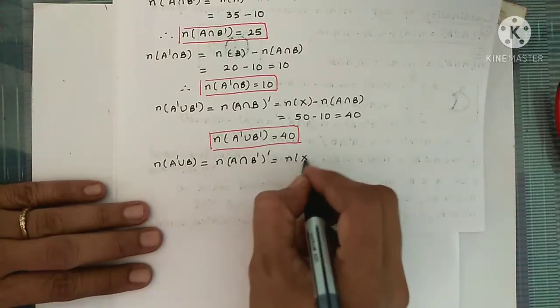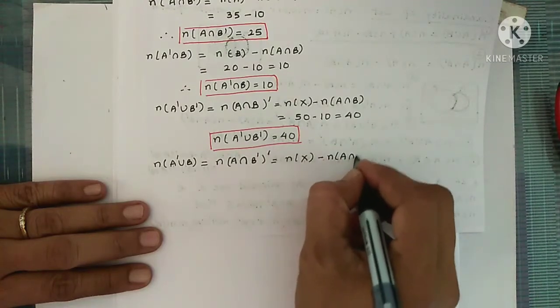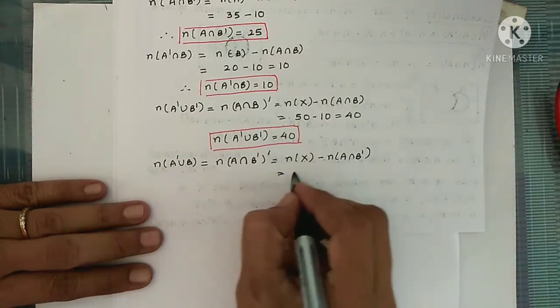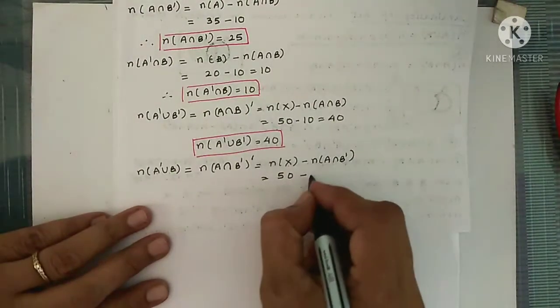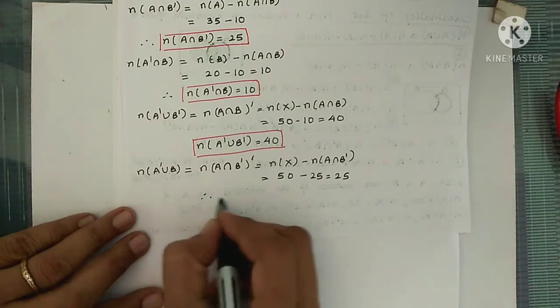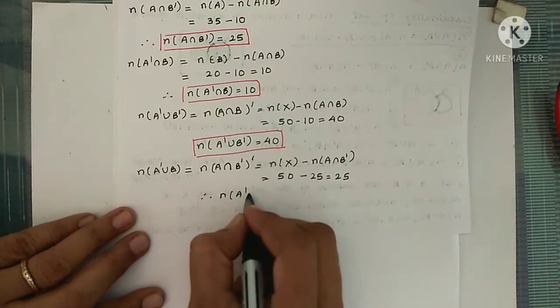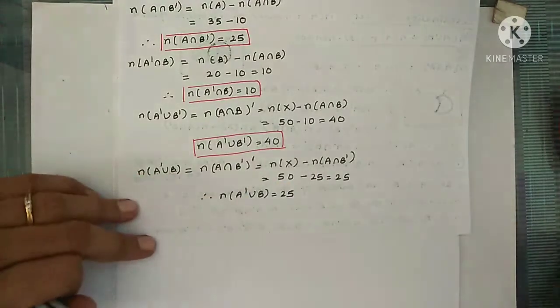So this is n(X) minus, we have to remove this complement now, n(A ∩ B'). So n(X) is 50 and n(A ∩ B') we have already calculated. It is 25. So 50 minus 25 is 25. Therefore, n(A' ∪ B) equals 25.